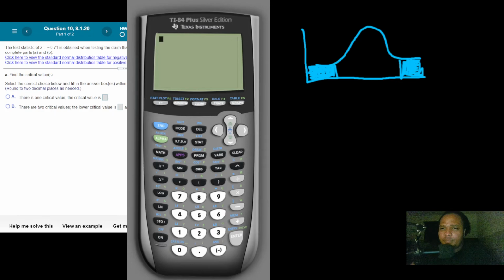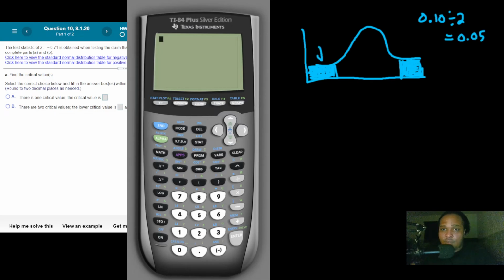Now, we have a significance level of 0.10. The problem is, they're in two different areas, two different positions. So you're going to have to divide that significance level by 2, and that's it. So let's take our 0.10 and divide it by 2, so that we get 0.05.